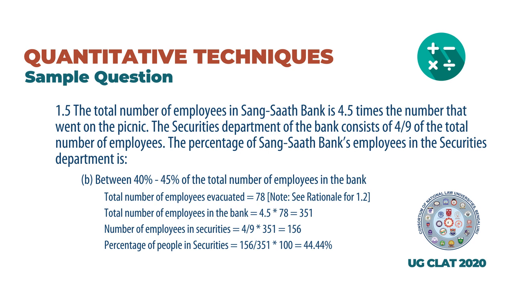The number of employees in securities is equal to 4/9 multiplied by 351, which is equal to 156. The percentage of people in securities is equal to 156 divided by 351 multiplied by 100, which gives us the result 44.44%.